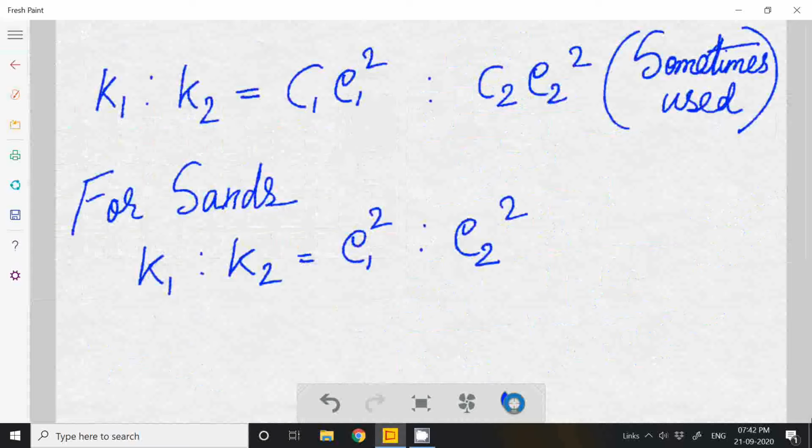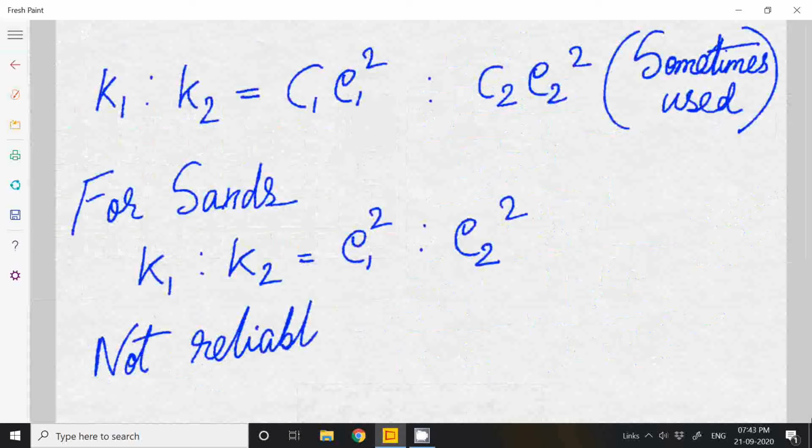Now these equations are not reliable for silt and clay.